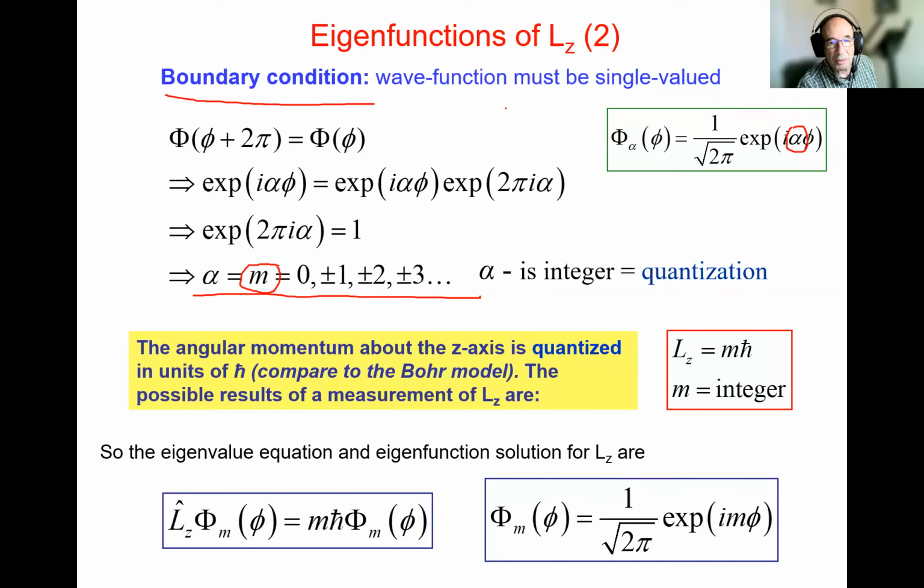This means that our system is quantized. That is an important thing. What it says is that angular momentum about the z-axis is quantized in units of Planck's constant divided by 2 pi. Therefore, our operator Lz has the value m multiplied by Planck's constant.